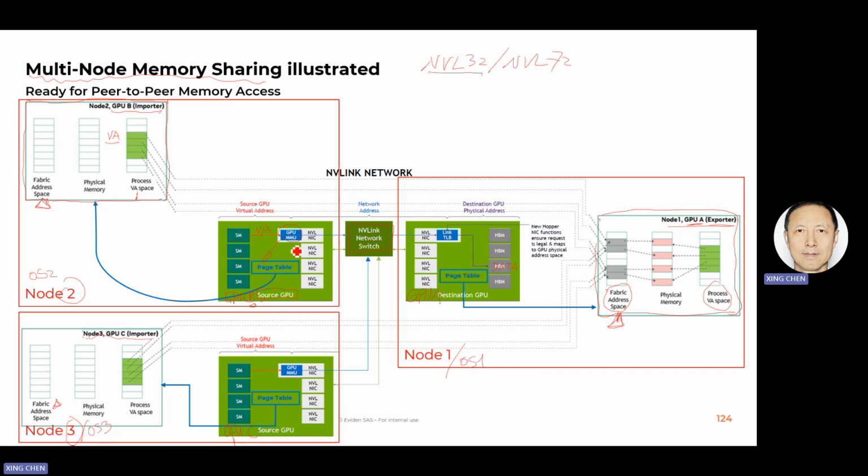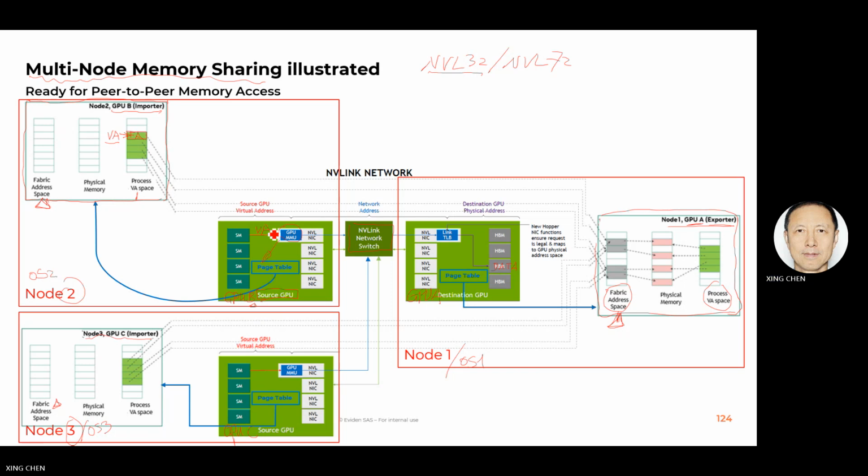And then the GPU MMU is going to consult this page table, try to find out where the data is located. In the case the data is located in another GPU's memory, in another node's memory, you are going to have a fabric address stored here. The mapping is going to be from a virtual address to a fabric address. You have an entry here. The entry is the fabric address.